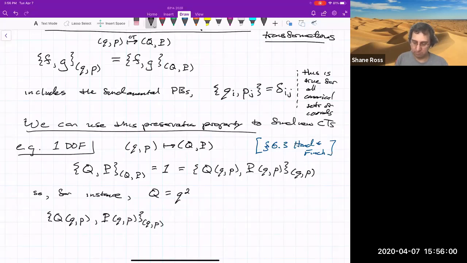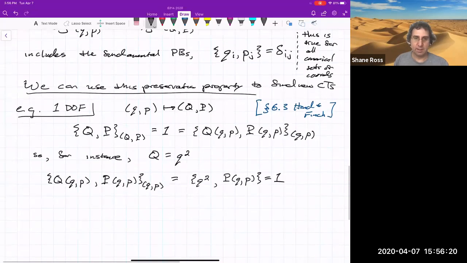And here, the subscript actually doesn't really matter, but I'll keep it in there. So this is q squared with some unknown function of little q and p that I call capital P, whose Poisson bracket equals 1.